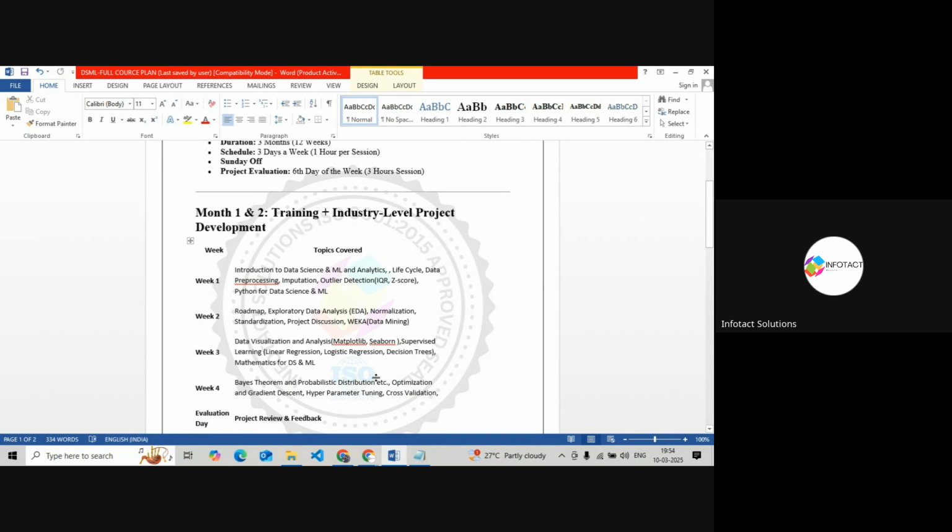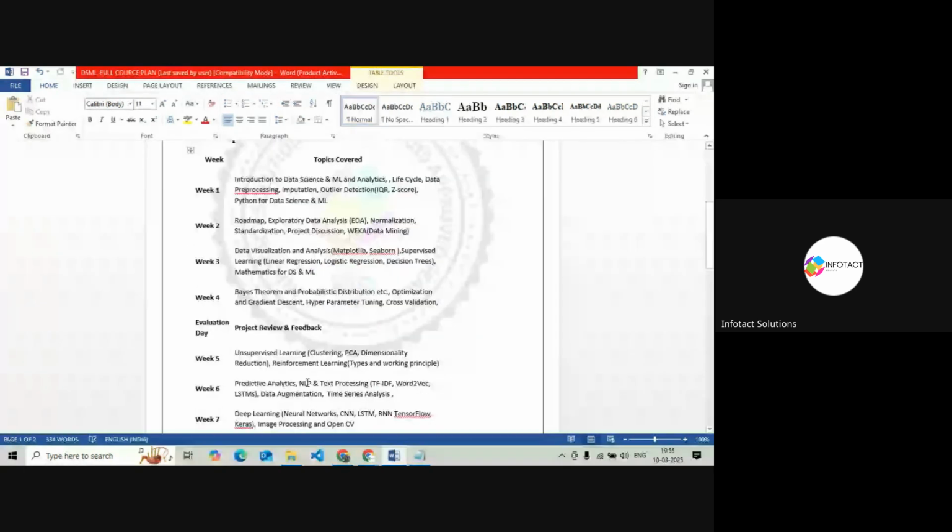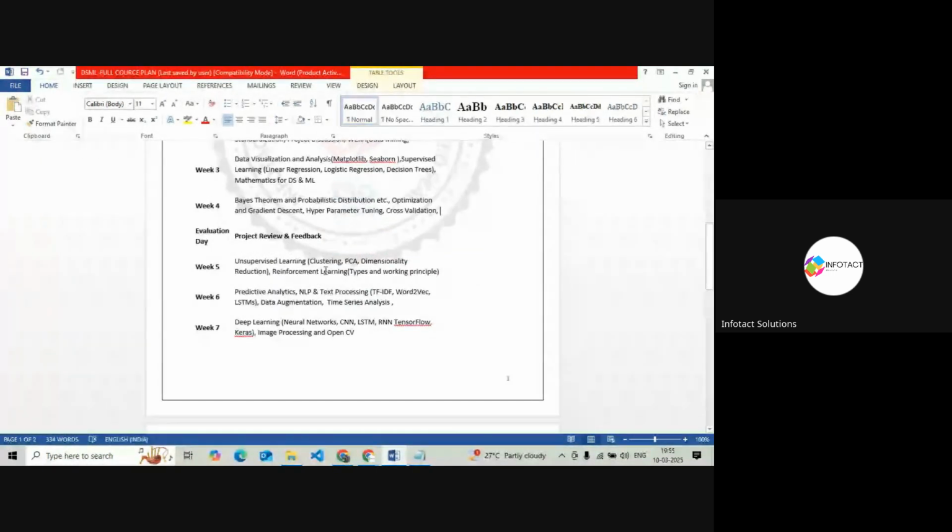Getting it, everyone? If not possible, then mathematics to be discussed, because data analysis, visualization, matplotlib, Seaborn, all those stuff I've been discussing right now. Then supervised learning in the third week. Then Bayes theorem, probabilistic, all those stuff. After that, unsupervised learning like clustering.